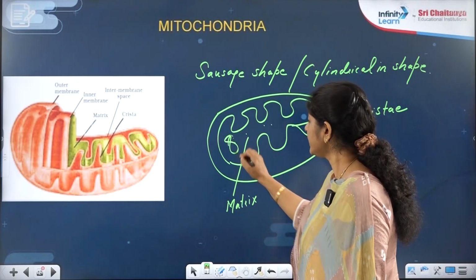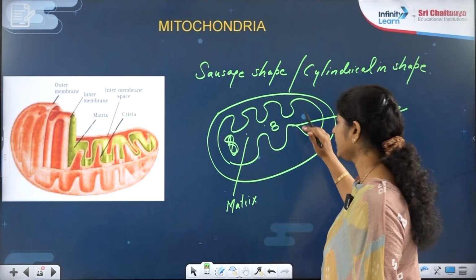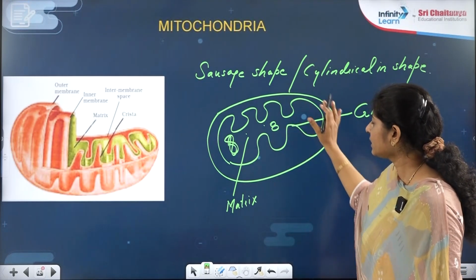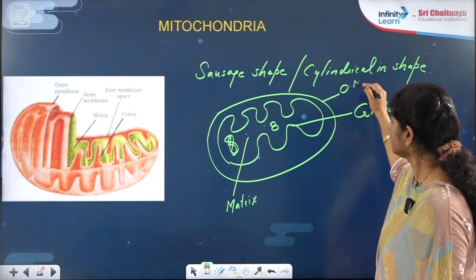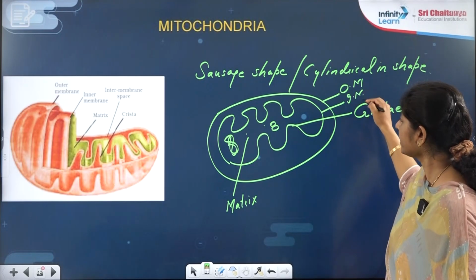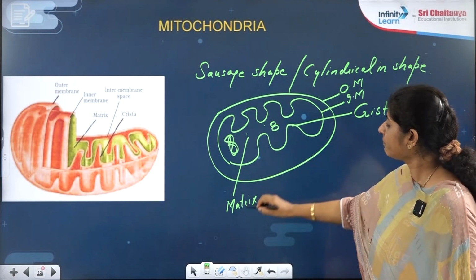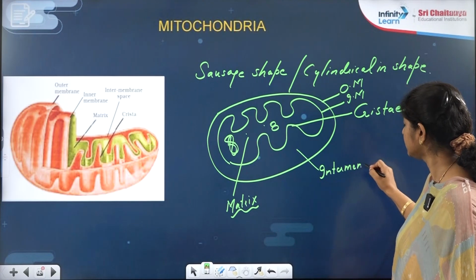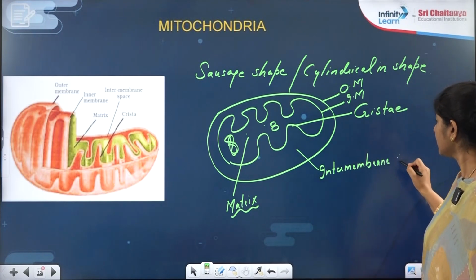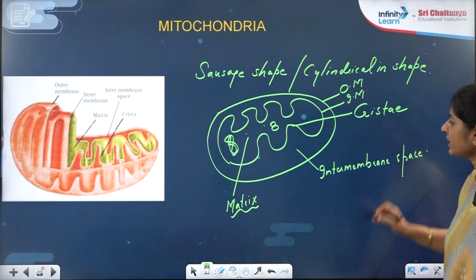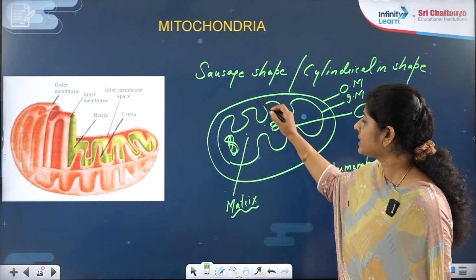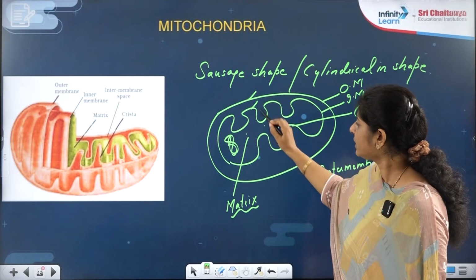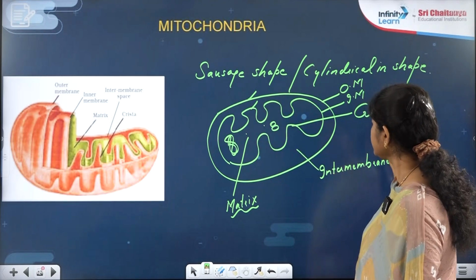And I said DNA is there, 70S ribosome, even proteins and RNA are there. These two membranes, outer and inner, separate the organelle into two aqueous compartments. One, I said, is the matrix, and this is the intermembrane space, which is covered by the outer membrane and inner membrane. I repeat once again, this is the outer membrane, this is the inner, and the inner membrane shows infoldings, which you call cristae.